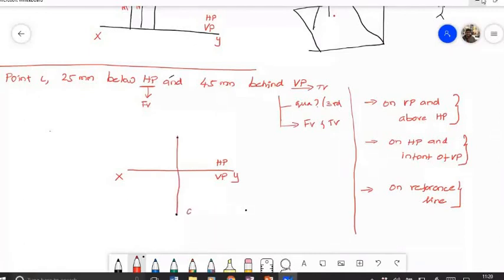This is the name of the point. Many mentioned A dash, but the name of the point is C. You need to mention it with C. So this will be my front view C dash, and this will be my top view C. And this distance will be 25, and this distance will be 45.